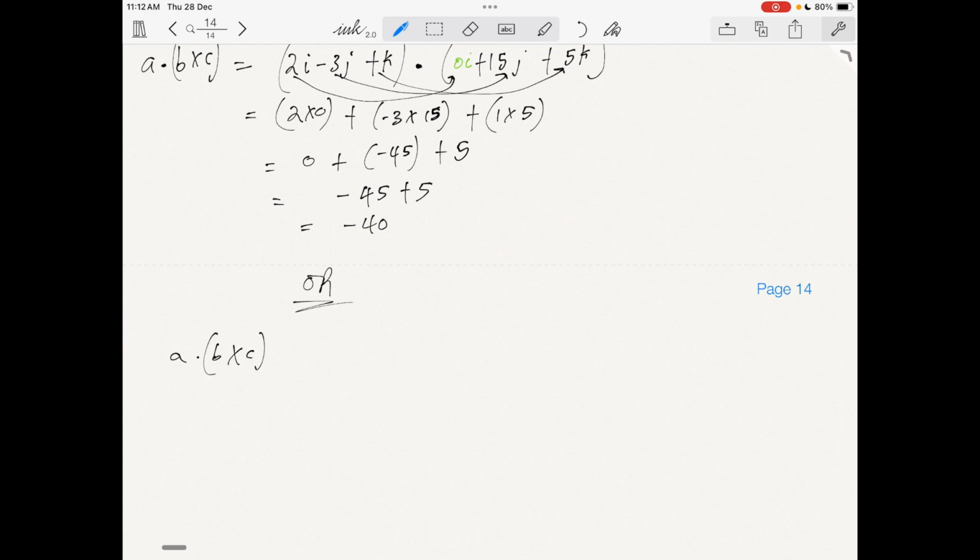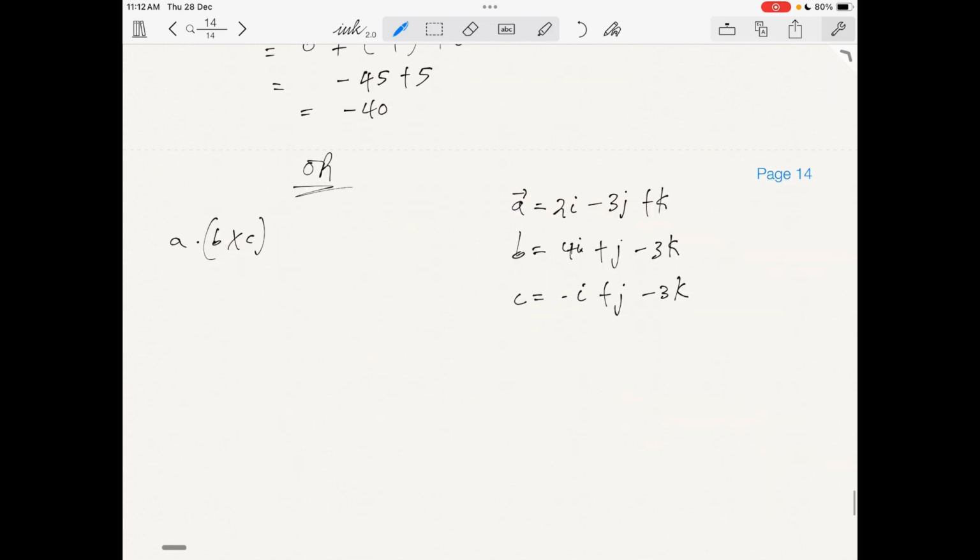Our A is equal to 2i minus 3j plus k, and our B is 4i plus j minus 3k, and our C is minus i plus j minus 3k.